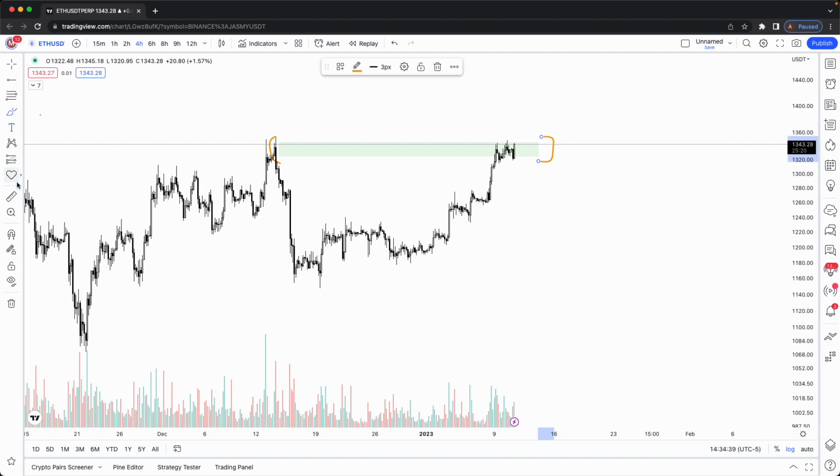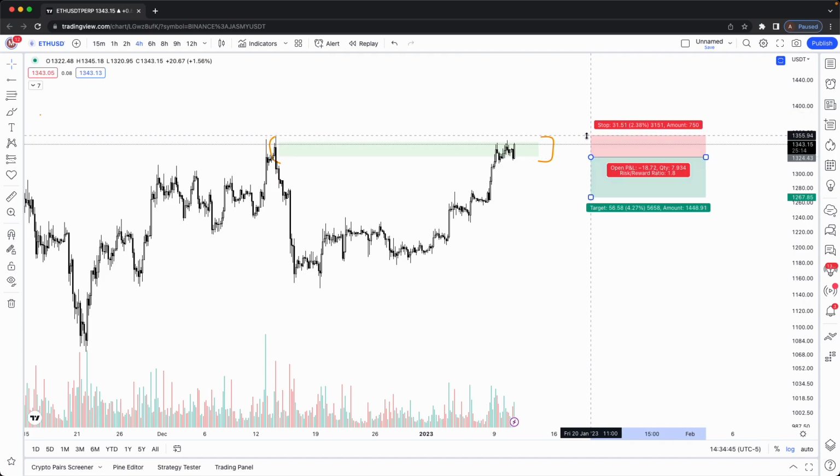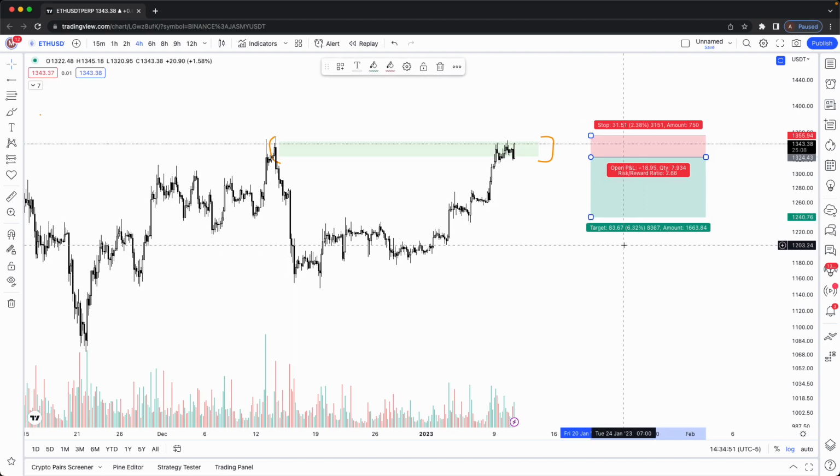If let's say you have your short targets, you place your order here, your stop loss is somewhere here, and your take profit can be here. So on 2 to 3x you get about 12 to 18% here. This trade hasn't happened yet, but this is the setup that we are going with.